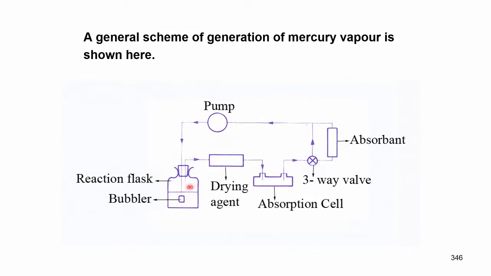What we have here is a sample flask containing the sample, a bubbler, a pump, and a three-way valve, and then an absorbent. The sample comes here, I just bubble the sample and then take the mercury vapor through the drying tube into the atomic absorption cell and measure the absorbance, and the mercury goes out.